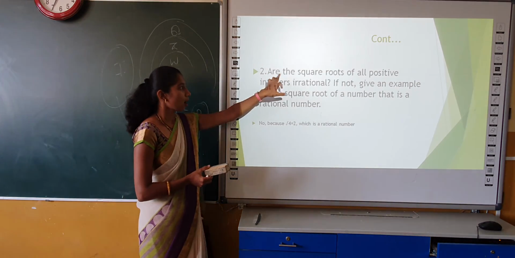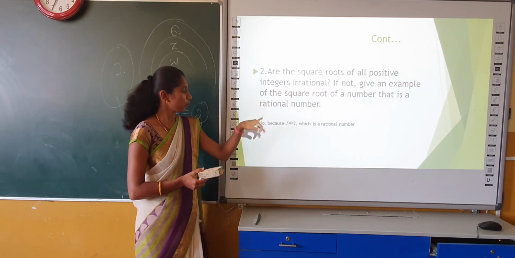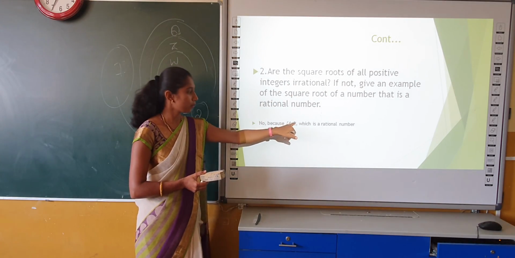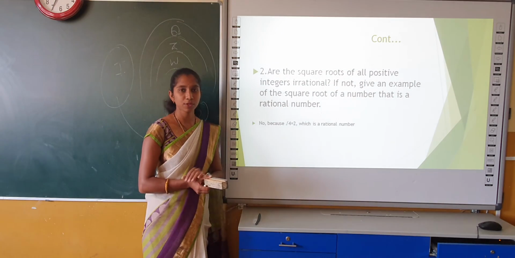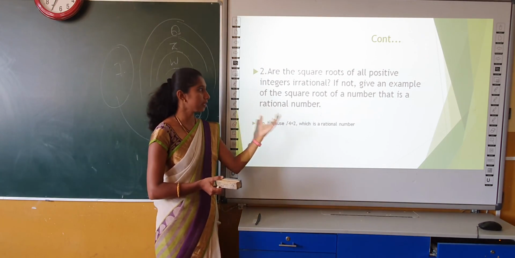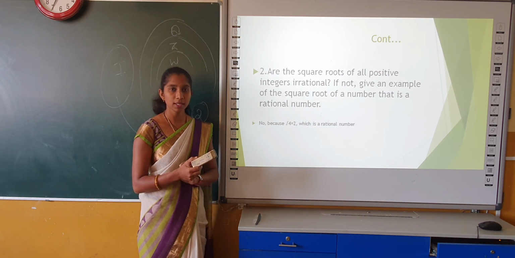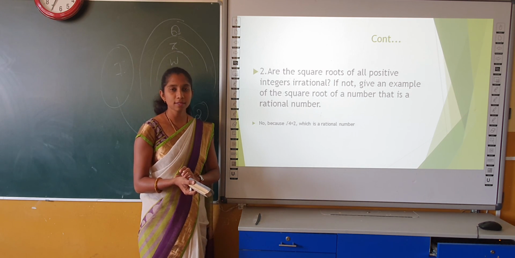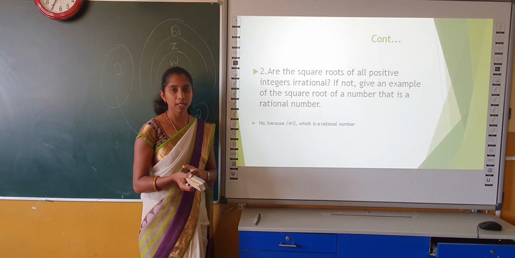So, no, because square root 4 is 2, which is a rational number. This is about the two problems on irrational numbers. We will discuss the third problem, locating the irrational numbers on the number line, in the next class. Okay.